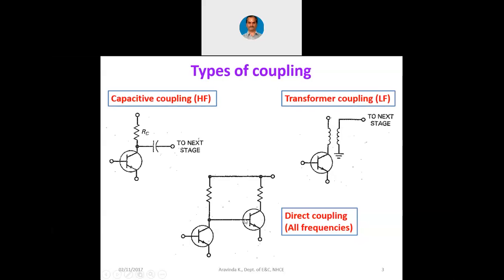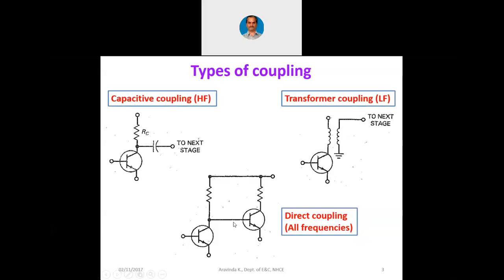You can see, in the case of capacitive coupling, the collector's DC will not be transferred to the next stage. But here the collector DC is also transferred to the next stage. So accordingly, the next stage's biasing or design is more critical.